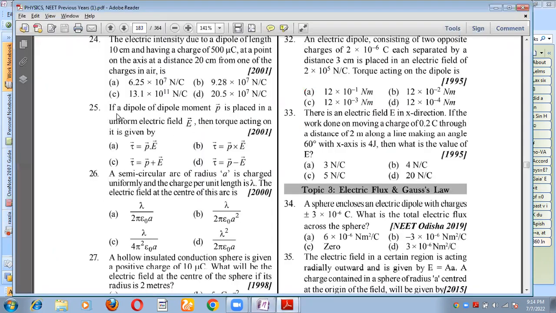Now the question says, there is an electric field in x direction, and the work done on moving a charge 0.2 coulomb through a distance of 2 meters along a line making an angle of 60 degree with x-axis is 4 joule.